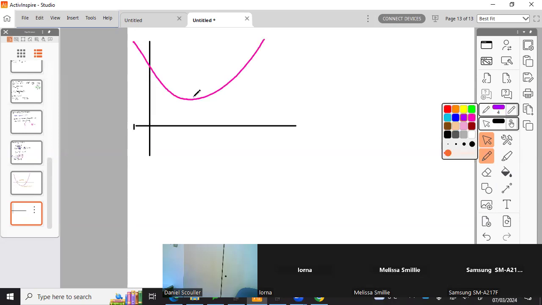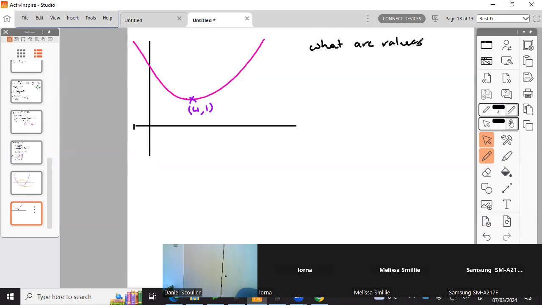Is they might give you the coordinate of the turning point. Say that turning point is 4, 1, and ask you what are the values of A and B in the following equation?